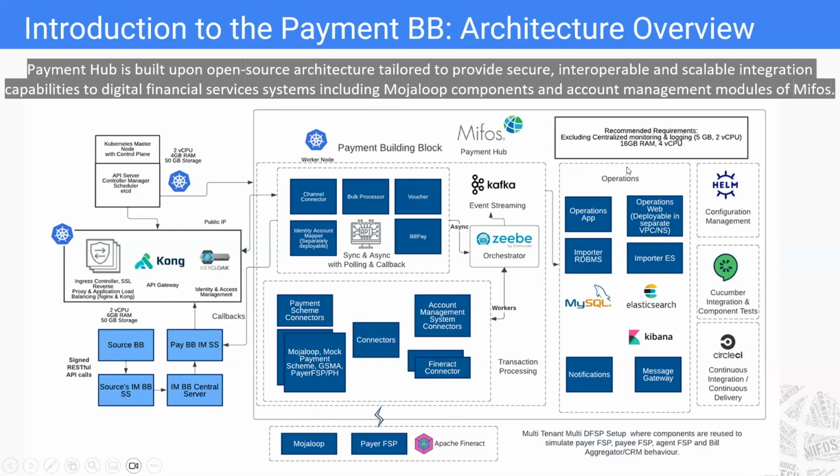From the operations perspective, the main deliverable that we are giving is the operations app, which we'll be looking at shortly. It gives an interface to authorized users to see whatever is happening inside the payment hub, for example, which batches are in process or completed. It allows creation of vouchers and some such.